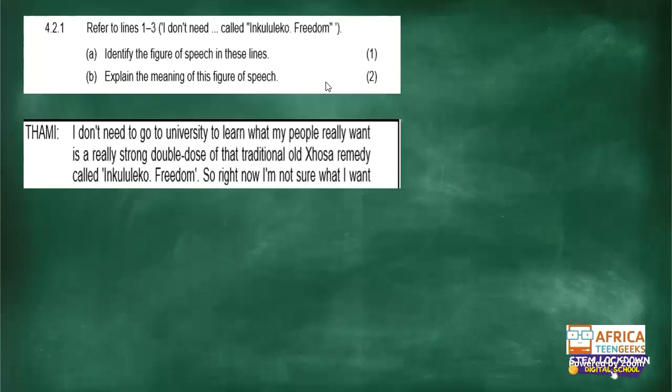Why? Because it's comparing the stuff. It's comparing what? It's comparing the university for her to learn. The university is being compared to what? To learning. Yes, ma'am.